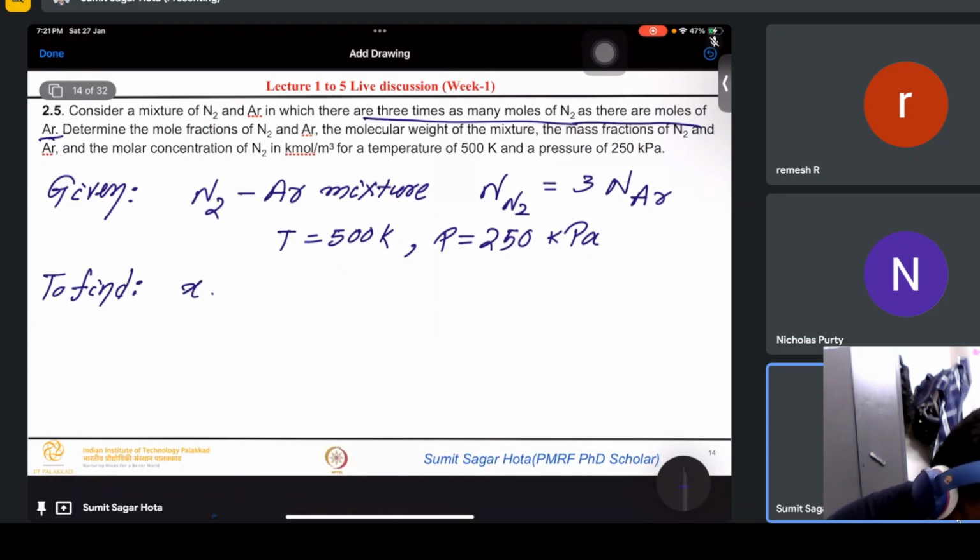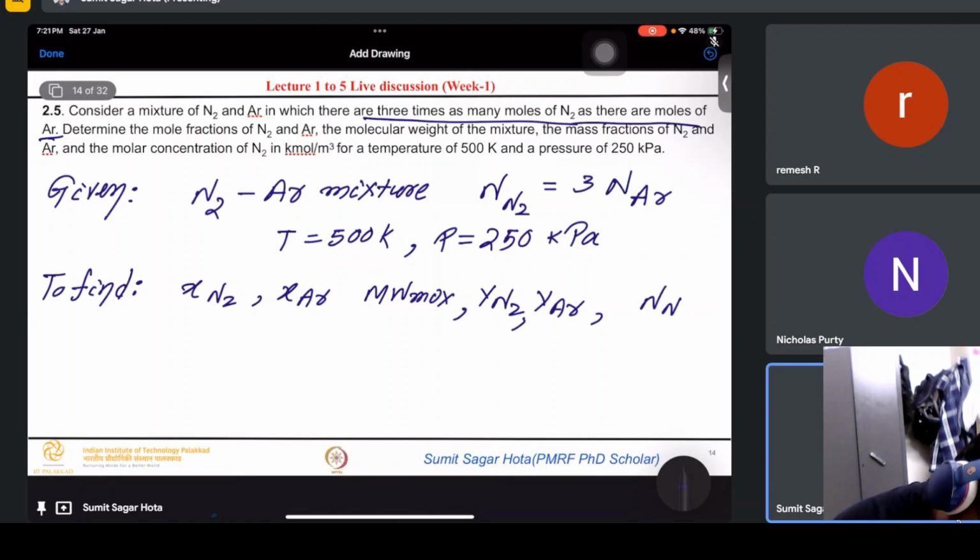To find x of N2 and argon, the molecular weight of the mixture, and y of N2 and argon. The important thing in this question is the last bit, n of N2 by volume. Here I am representing volume as V. Why n of N2 by V?